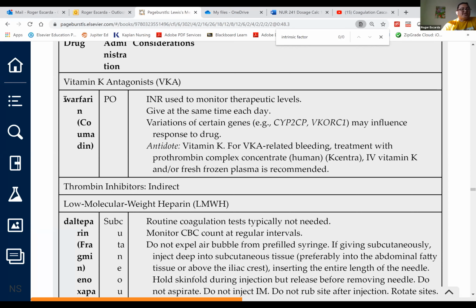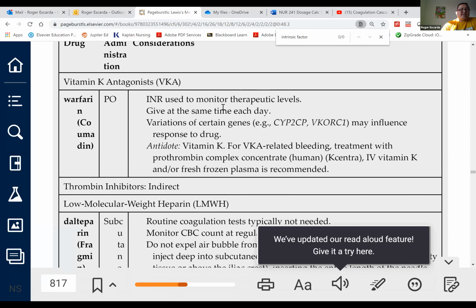So again, if you give warfarin, does this increase or decrease the patient's ability to form clots? It decreases it, because it's a vitamin K antagonist. So long story short, we need vitamin K in order to make clotting factors. Warfarin is a vitamin K antagonist. No vitamin K, no clotting factor, less ability to clot.